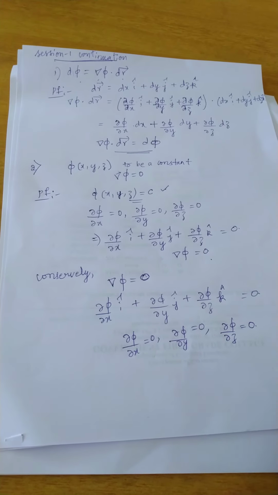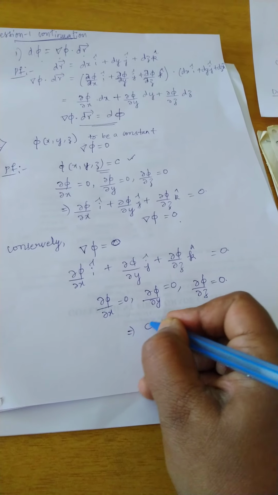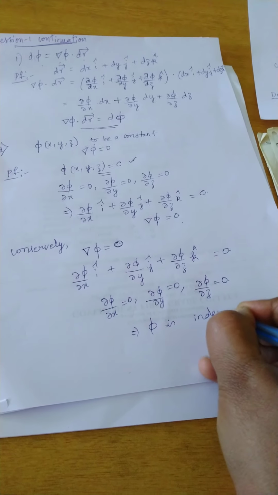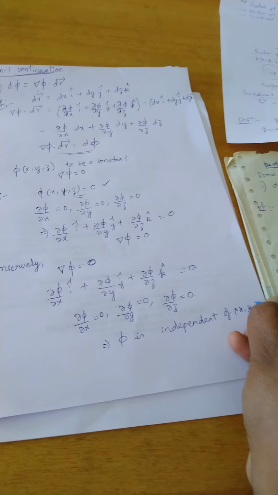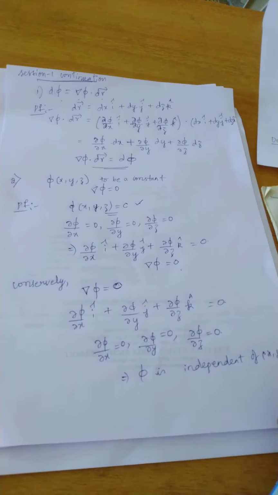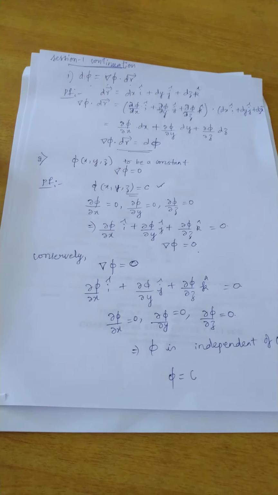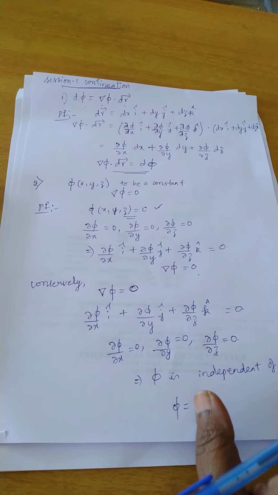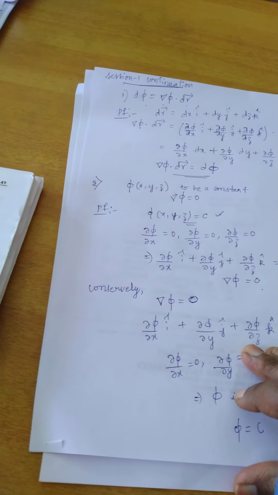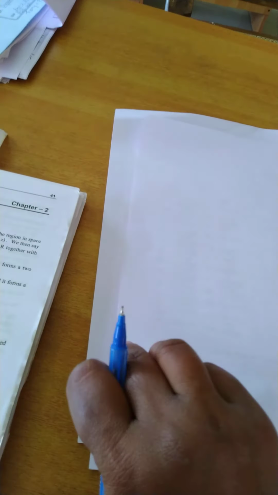That means phi is independent of x, y, and z, and therefore phi is equal to constant c. So we are able to prove this. The second consequence is done. Now let's move on to the third consequence.